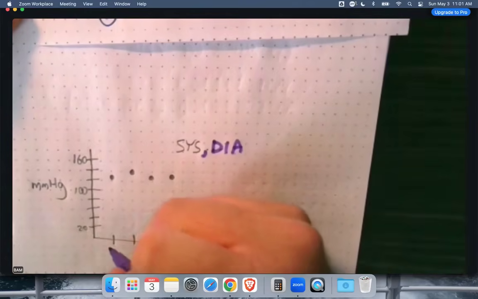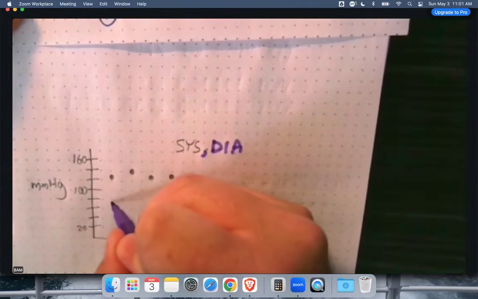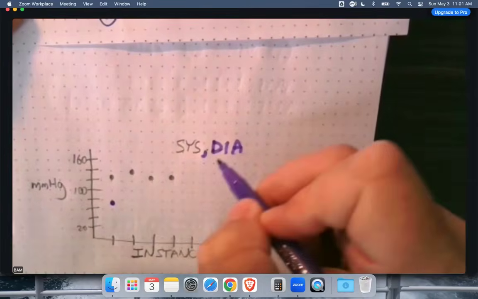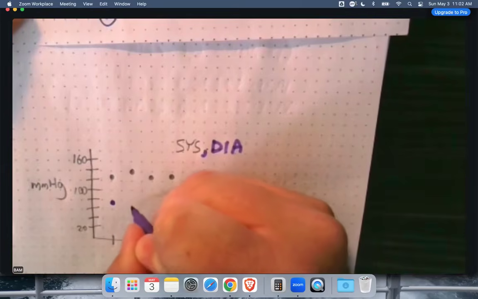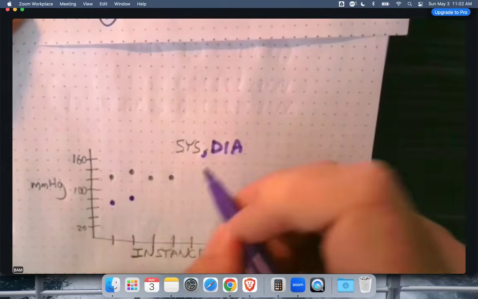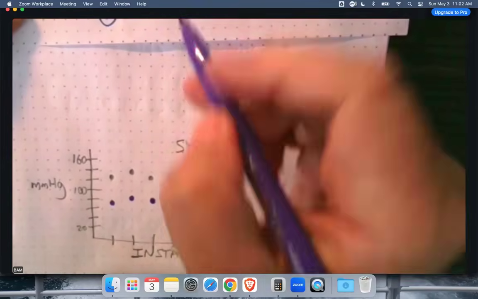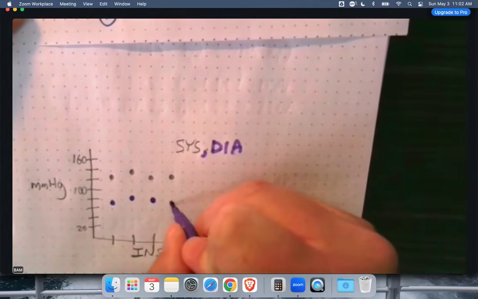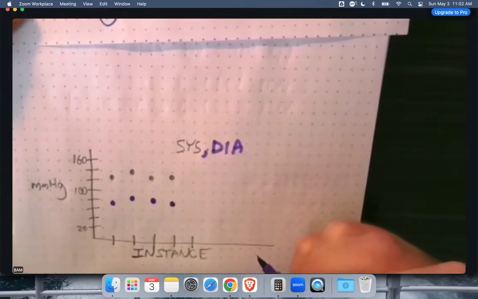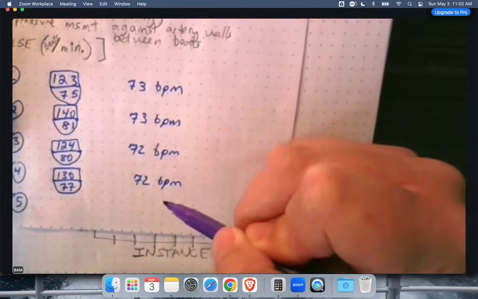The first one was 75. The second one was 81. The third one was 80. The fourth one was 77. Okay. And pulse, I'm not even going to do. It's pretty much always the same almost.